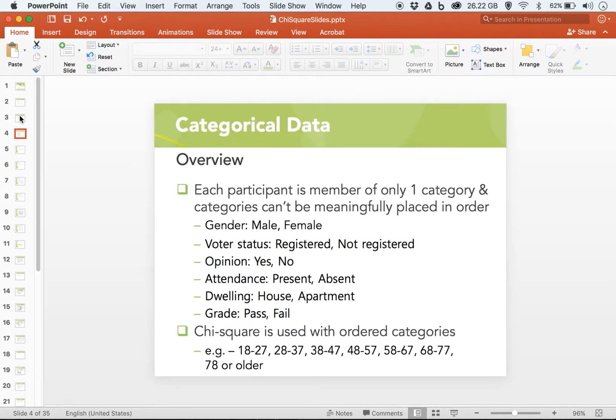Additionally, the data in the chi-square grid should not be in the form of percentages or anything other than a frequency, which is the exact count of the number of respondents for each category. The chi-square is appropriate only for nominal or ordinal data, and it can be used to compare your frequencies occurring among those categories.